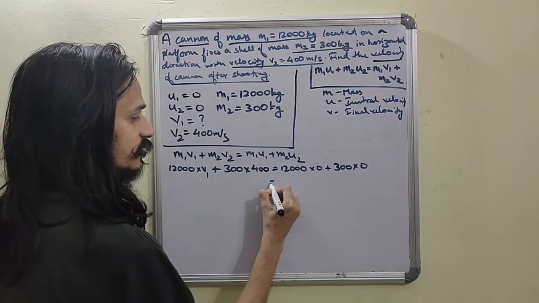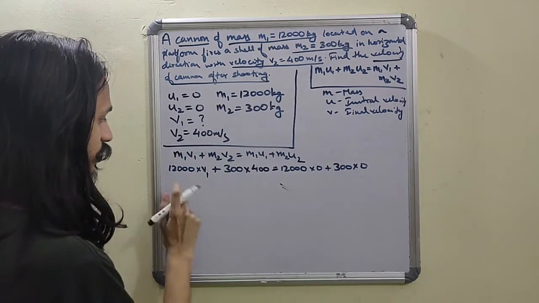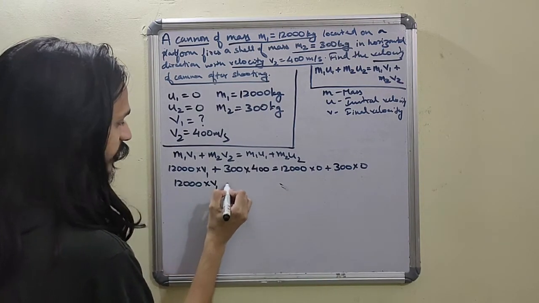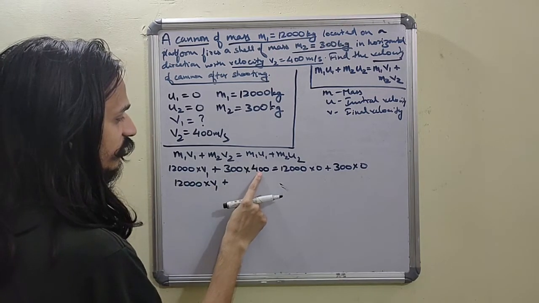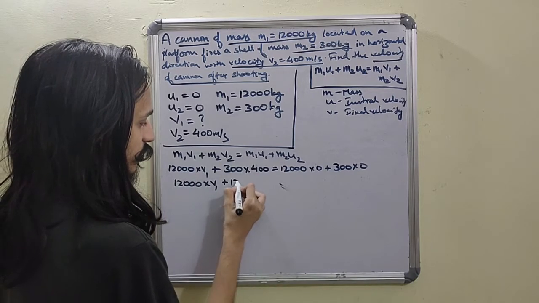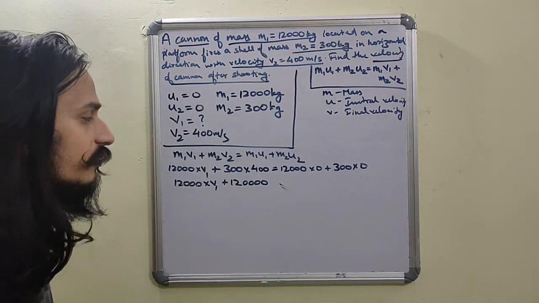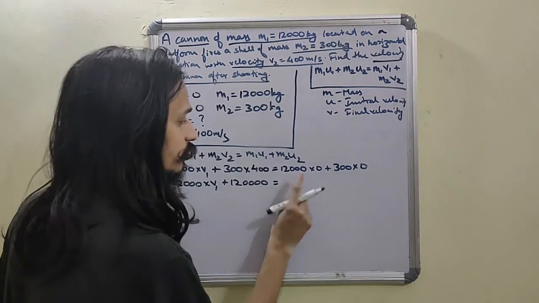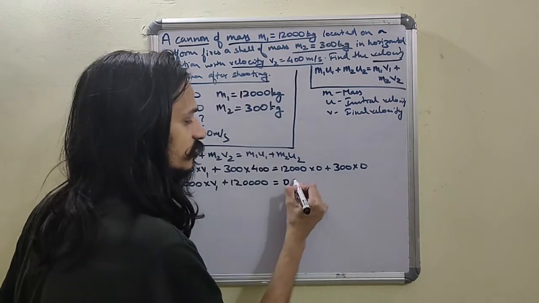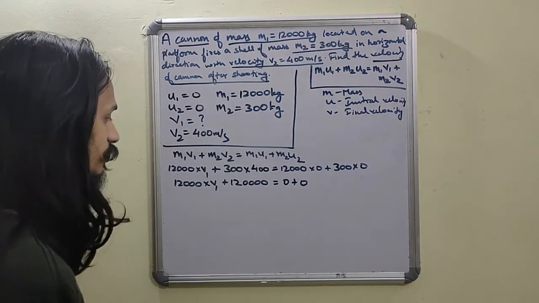First let me calculate here: 12,000 into v1, leave it like that, plus 300 into 400. How much is 300 into 400? 3 4s are 12, and then 1 2 3 4 zeros. Equals 12,000 into 0, which is nothing but 0. 300 into 0 is also 0. 0 plus 0 is also 0.